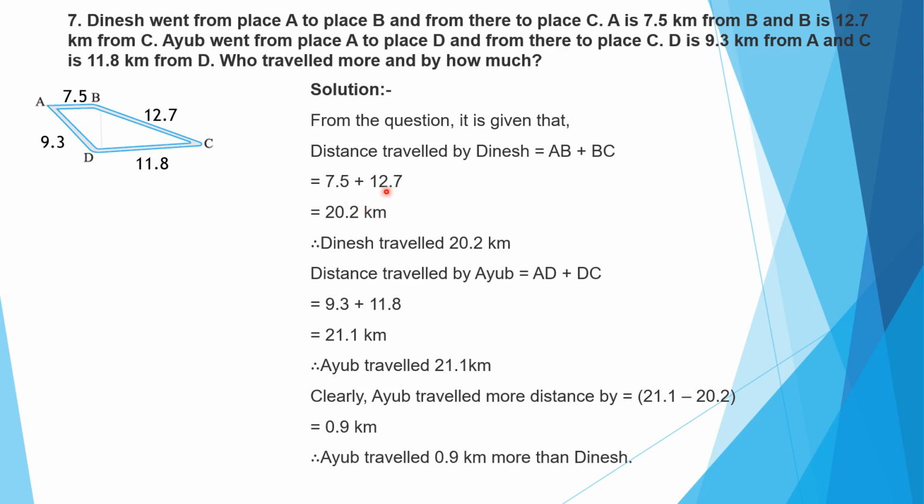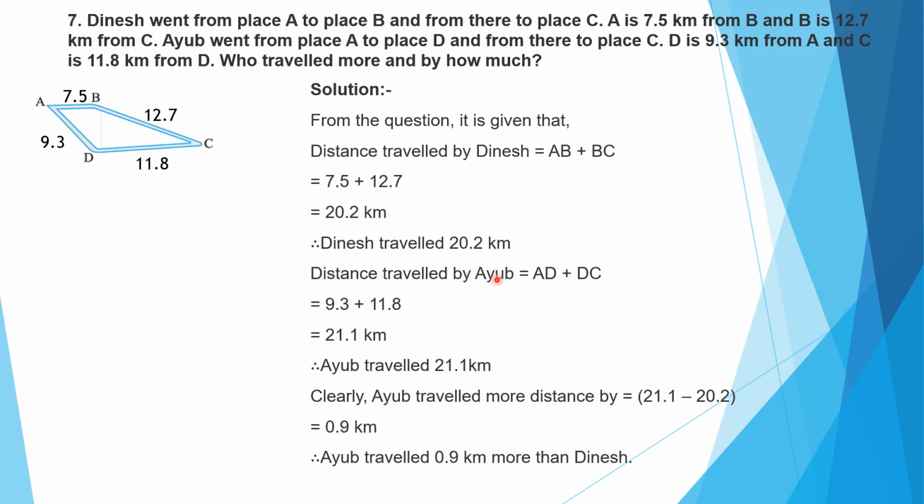While adding, just add it as whole numbers with the decimal point. First, the decimal digits: 5 plus 3 is 8. Then the decimal point will come. And 7 plus 2 is 9 plus 1. That is 20.2 kilometers, the distance traveled by Dinesh.